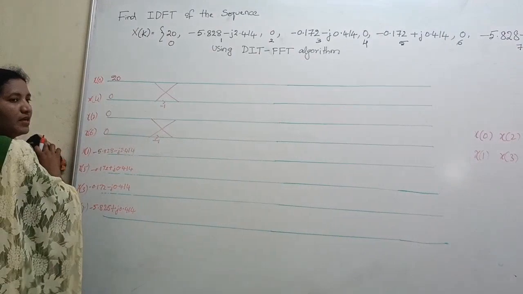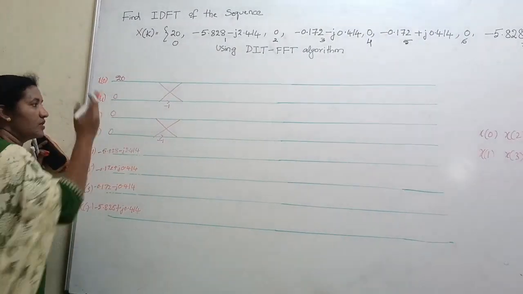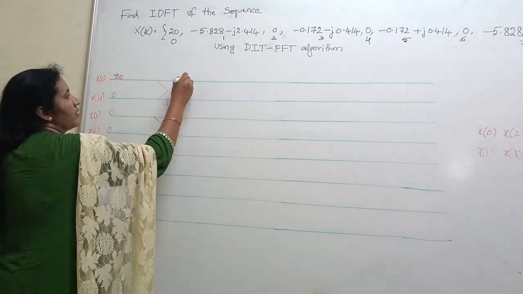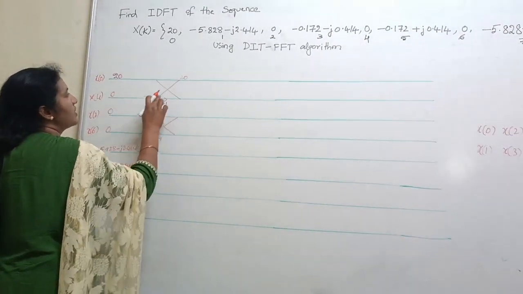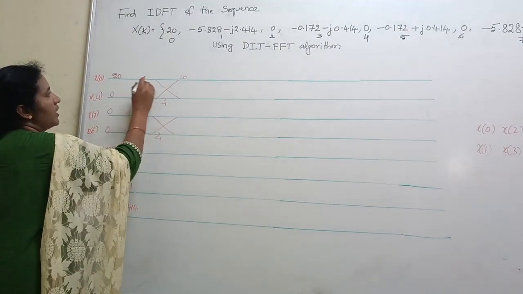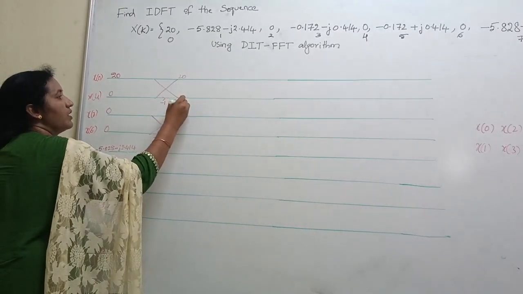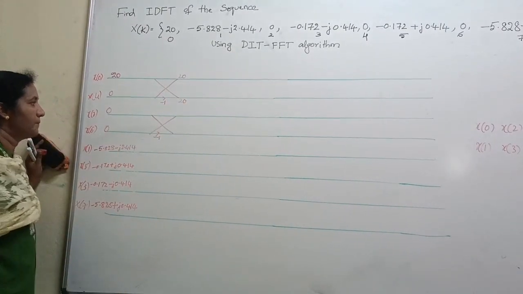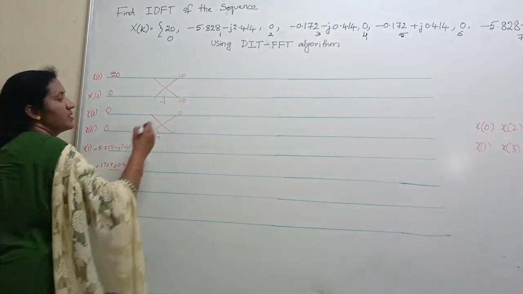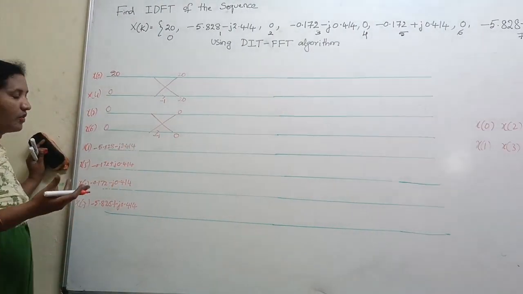So there is no need to write out W power 8. So multiplying with 1 is not necessary. So I am not mentioning here. Now 20 is passing like this and 0 is added to this. So it doesn't make any change. 20. Now if you see here, 20 is passing like this. 0 into anything is 0. You got the value here also 20. Now here 0 plus 0, 0 minus 0. You got the answer like this.